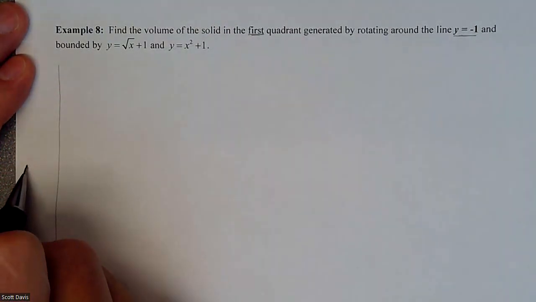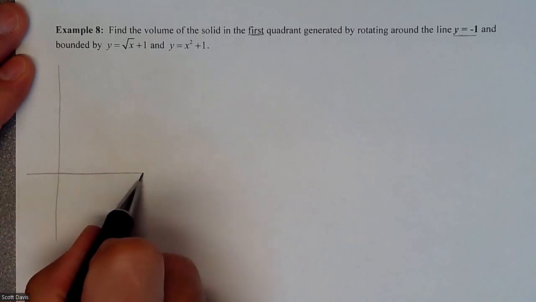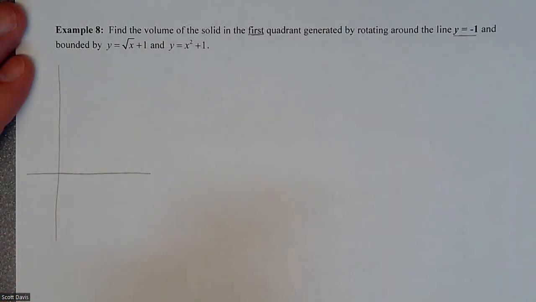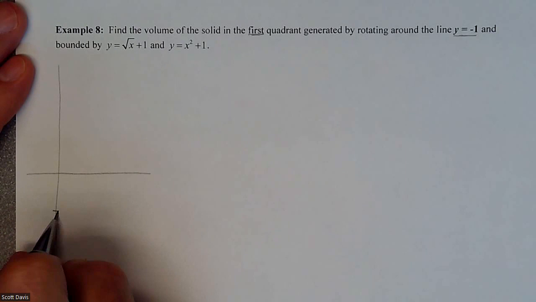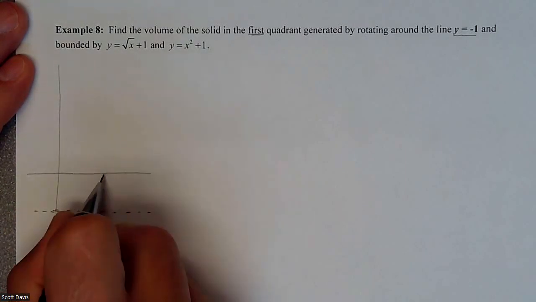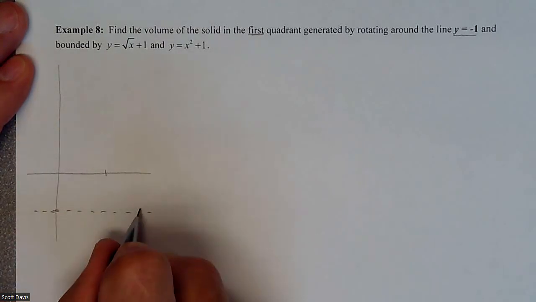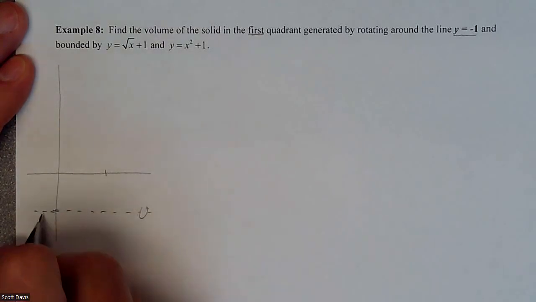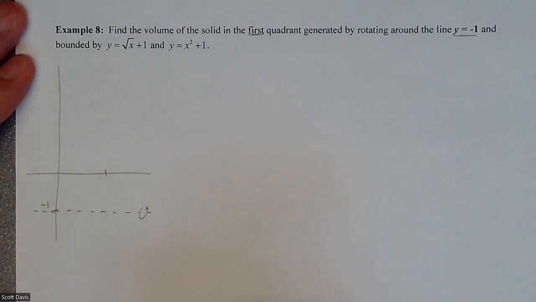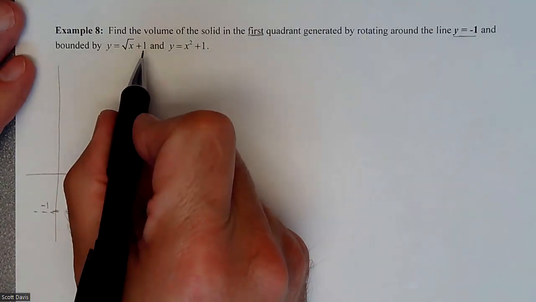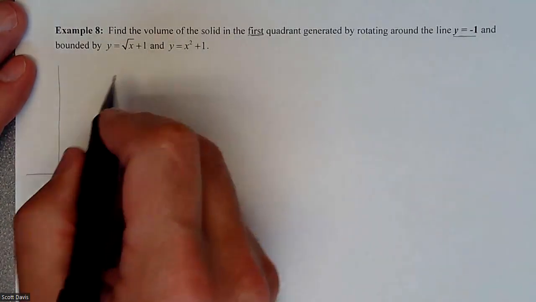All right, so we very much need a visual to see what's going on. I just want to make a bigger visual than normal. We are going to be rotating it around this line right here of y equals -1. If I look at these graphs, this is a square root graph shifted up 1.